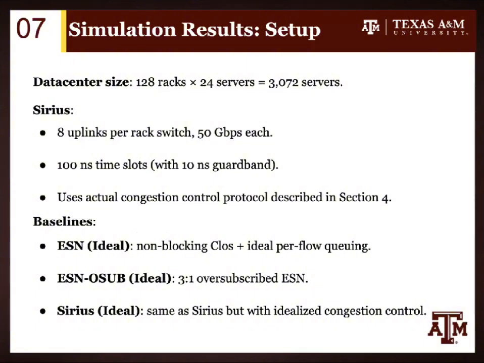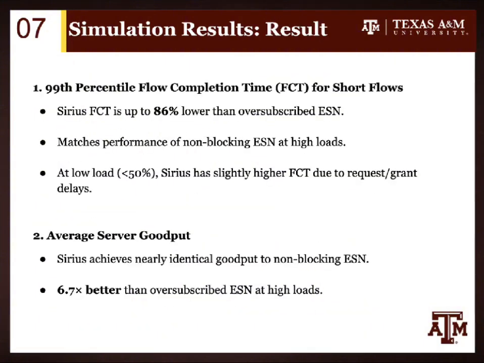This is the setup for the simulation. Those setups are standard, and the authors also choose ESN as a baseline model. The result shows that Sirius significantly reduces 99th percentile flow completion time for short flows, up to 86% lower than oversubscribed ESNs, and matches non-blocking ESN performance at high loads, with only slight overhead at low loads.